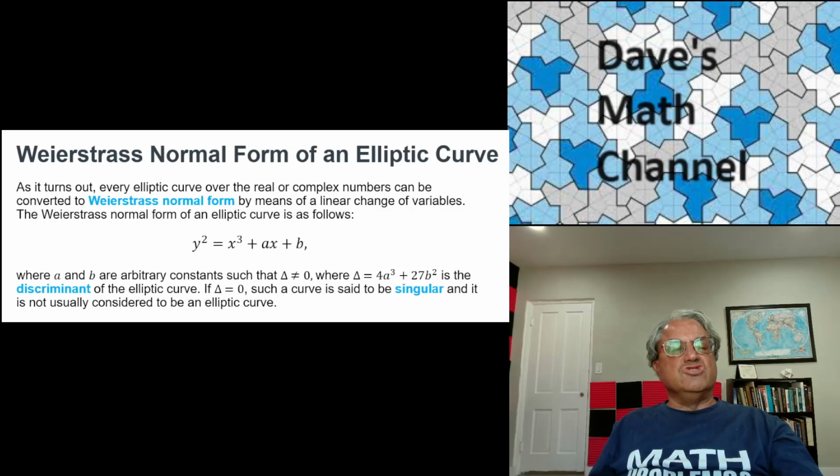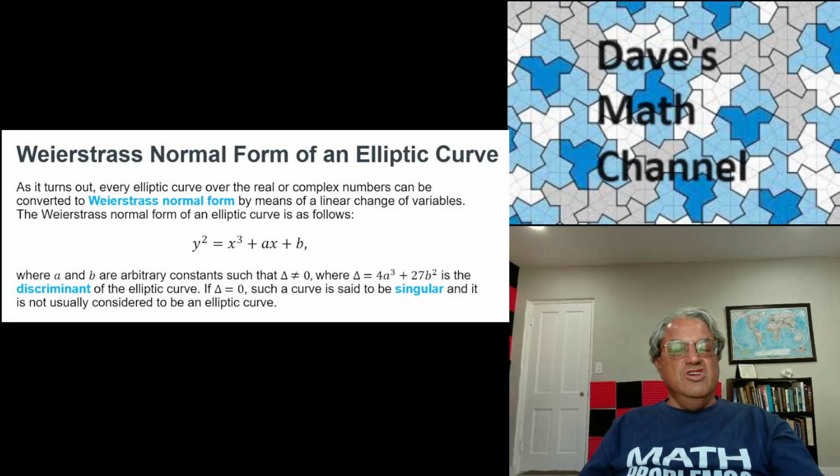It turns out that if the discriminant is zero, you don't really have an elliptic curve. You have a curve with a cusp. It's a singular curve, and usually people don't regard those as elliptic curves. They're not very easy to work with. So for elliptic curves, you always want the discriminant to be non-zero. You don't care if it's positive or negative, but it should be non-zero. So anyway, that's the Weierstrass normal form.